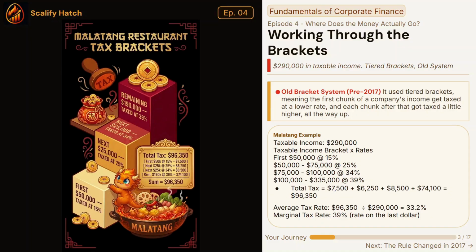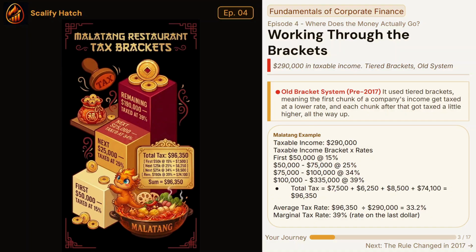Notice how these are two completely different numbers, and here's why. The average rate is blending together everything we earn, including the first $50,000 that only got taxed at 15%. The marginal rate ignores all of that. It only cares about the rate sitting on the last bracket we touched. That's why marginal will almost always sit above average in a system like this. The average is being dragged down by every cheaper dollar that came before it.